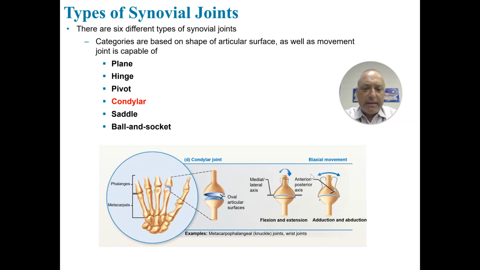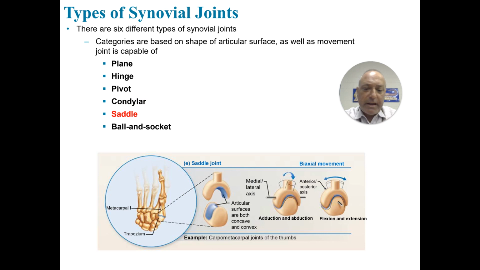Condylar joints allow biaxial movement, so we've got a medial lateral axis and an anterior posterior axis, which allows for flexion and extension, as well as adduction and abduction. We can see these in the metacarpophalangeal joints of the wrist and the knuckle.